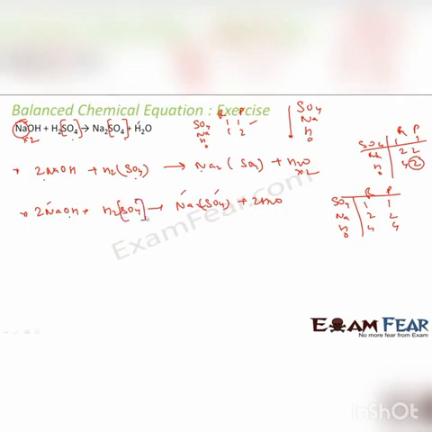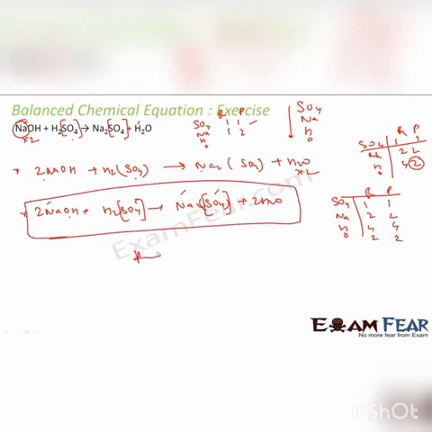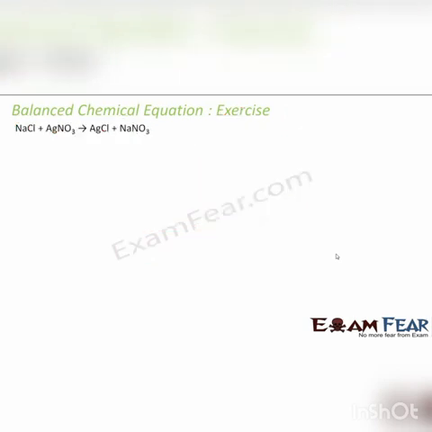This we won't consider because we already considered it as part of SO4. This also we won't consider. So we have only 2 oxygen atoms here, and here also we have 2 oxygen atoms, right? This is my balanced chemical equation. Everything is balanced. Correct. We'll take a couple more examples.